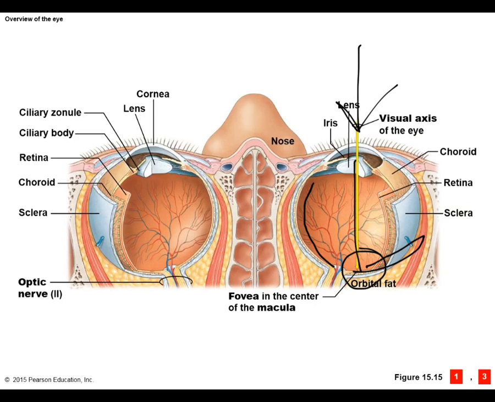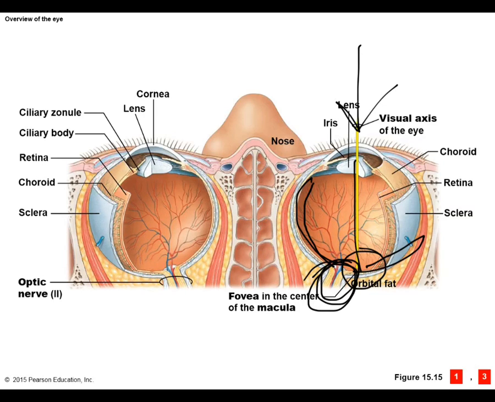Now, there is an area back in the back of the eye, in the retina, where there are no photoreceptors. There's an area where the optic nerve is leaving, right, and going out the posterior side of the eye. So there is an area back there that can cause a blind spot. Now, we used to have a lab in 106 where we studied the blind spot, and we took that one out this semester, unfortunately.